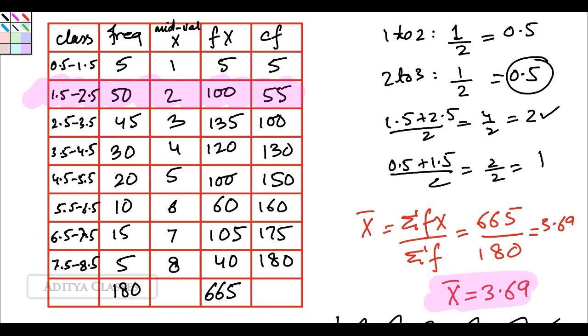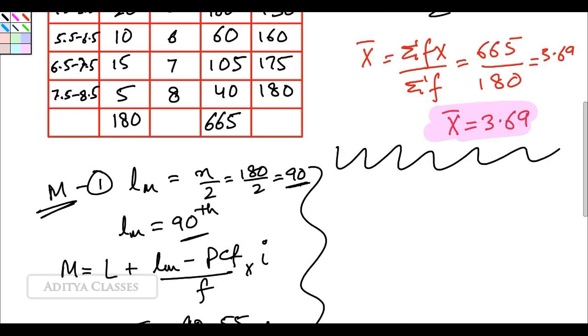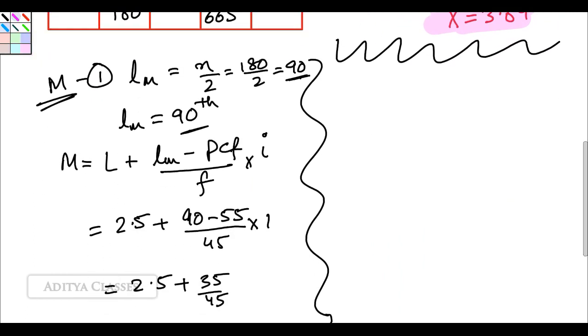Now remember, when we talk of mode, we need three important frequencies. One is the frequency itself, which is modal frequency, the highest frequency. Then the frequency just prior to that, and then frequency just after that. So these three frequencies are important, and we call them F0, F1 and F2. So let us go ahead and find value of mode. What is mode?